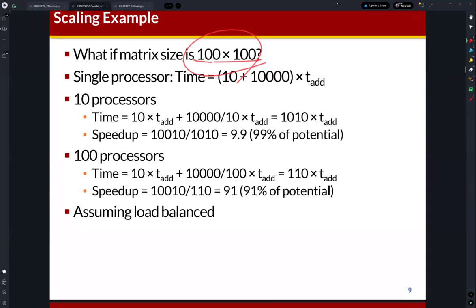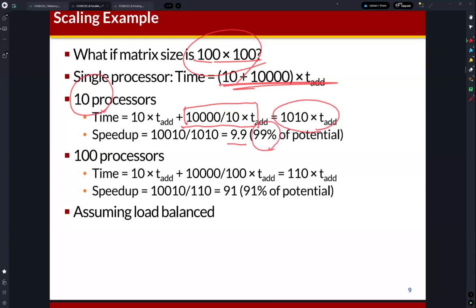then we can benefit from multi-core architectures, obviously, right? So for the single processor, the total execution time is like this, right? But if we use the 10 processors, then this parallelizable part can be reduced. So the total execution time is like this, and then speed up is 9.9.